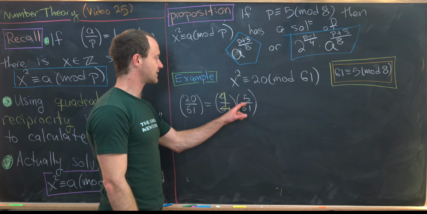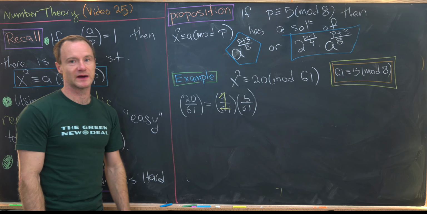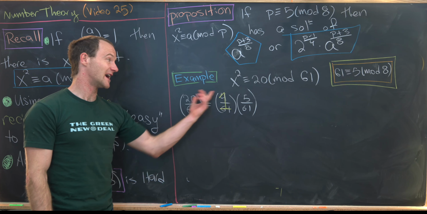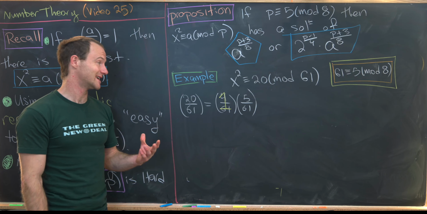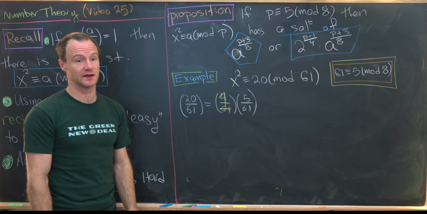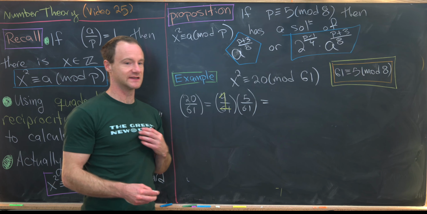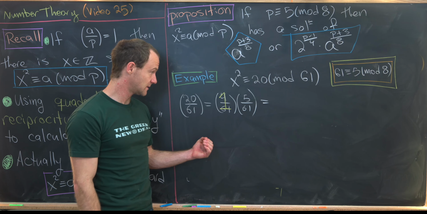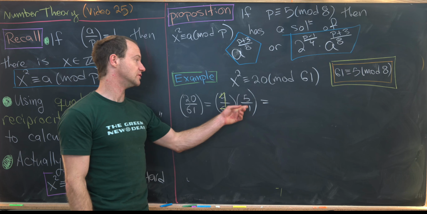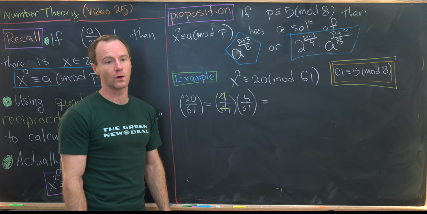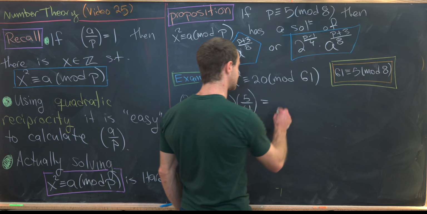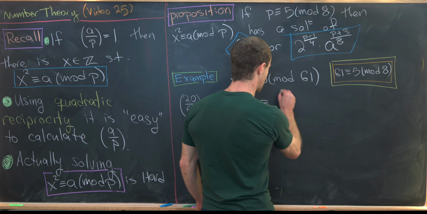So now we just have to calculate this Legendre symbol (5/61). The 5 is an odd prime, which is nice because now we can flip this thing. And we flip it with either a plus or a minus, depending on the residue of these two mod 4. So let's notice that when we flip it, we get (61/5).